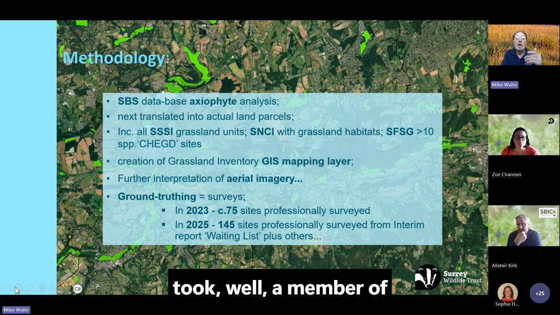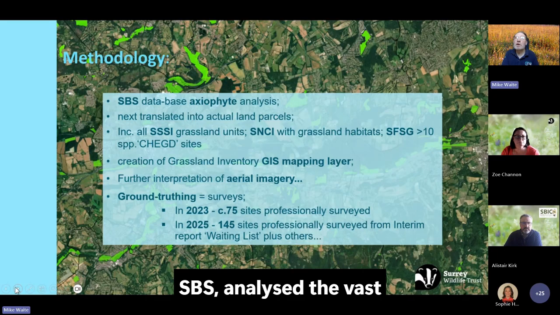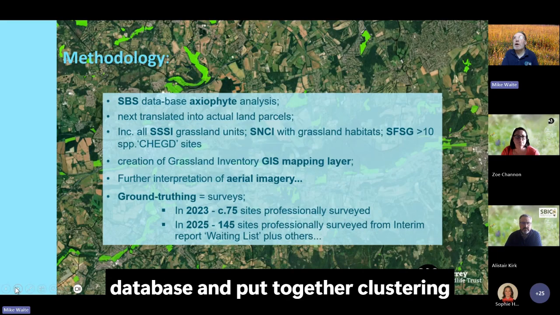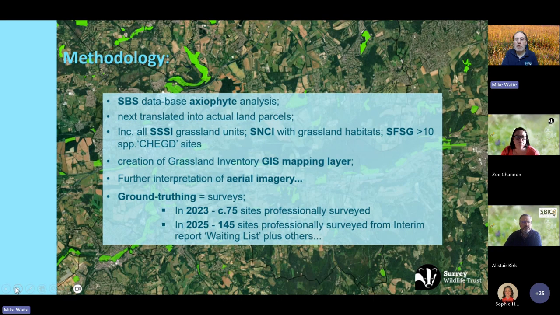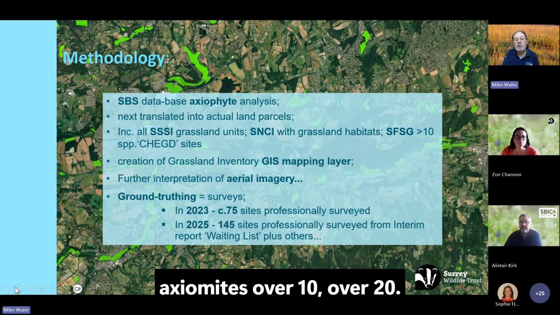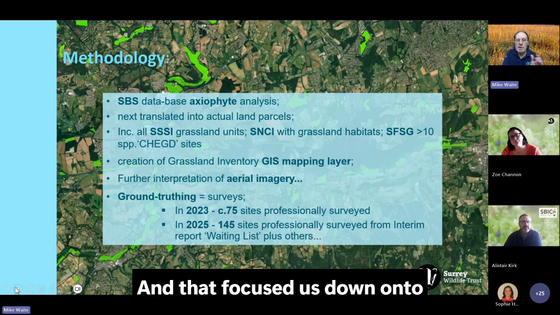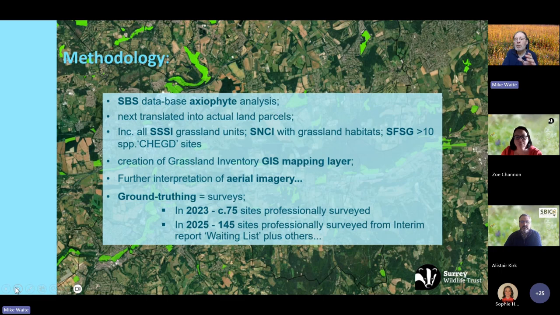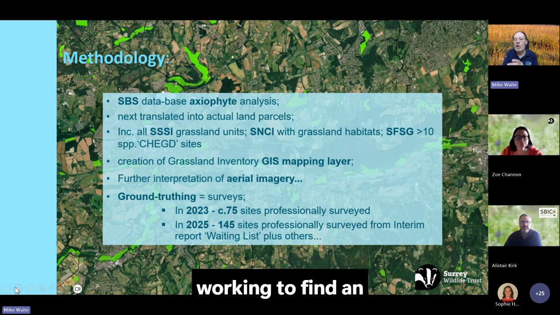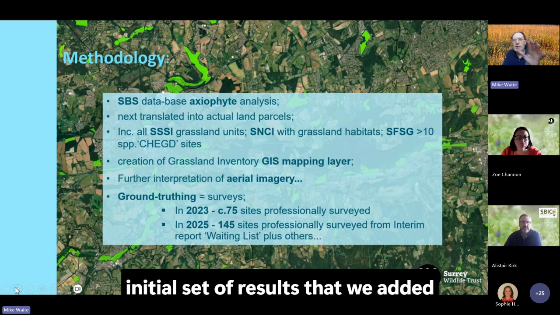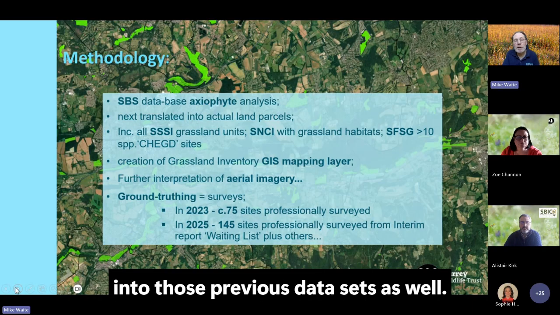A member of SBS analysed the vast database and put together clusterings of axiophytes over 10, over 20, and that focused us down onto an initial set of results that we added into those previous data sets as well.